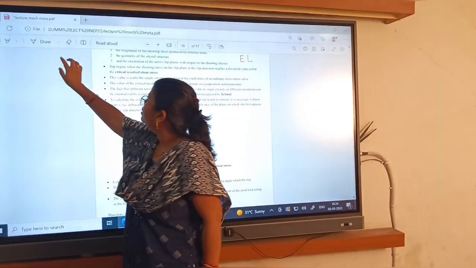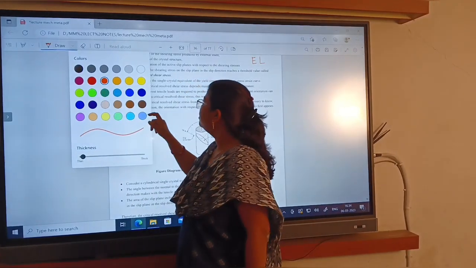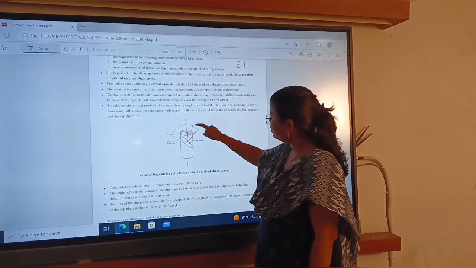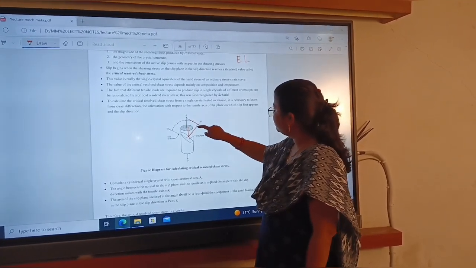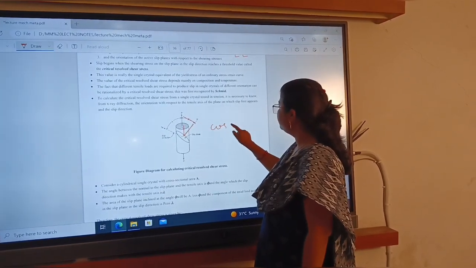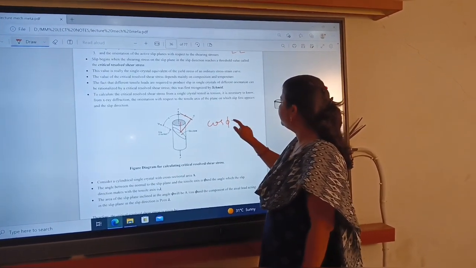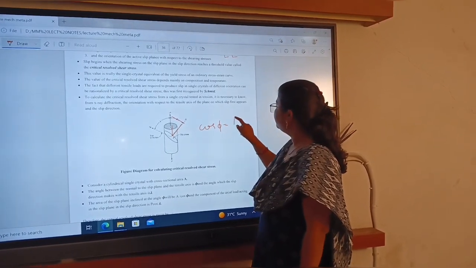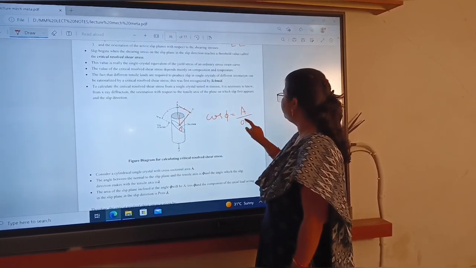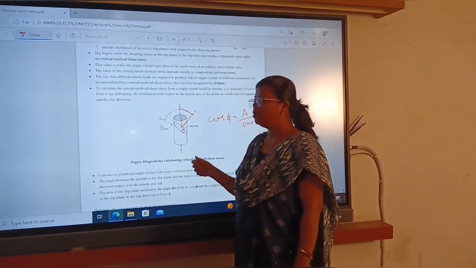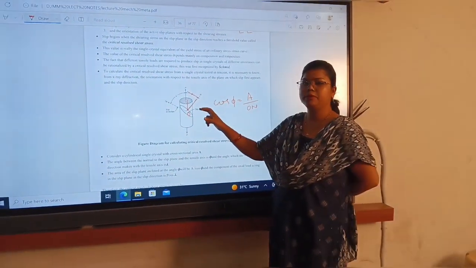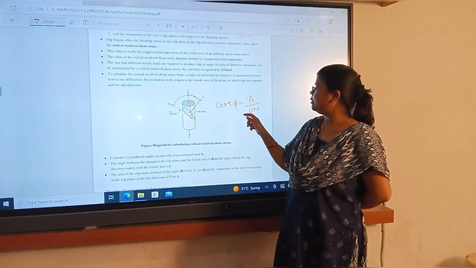Suppose this forms a triangle, and if I find out cos phi, suppose this is the origin, and the portion of the slip plane on which this is inclined will be OM.